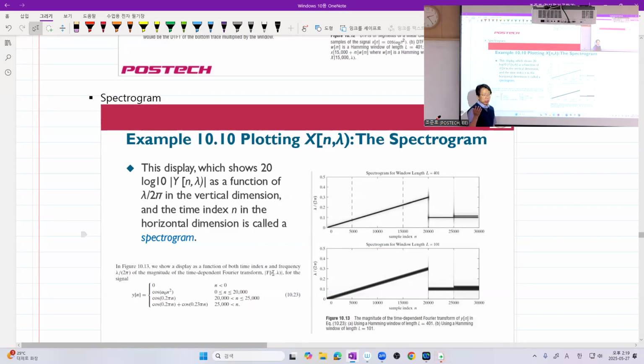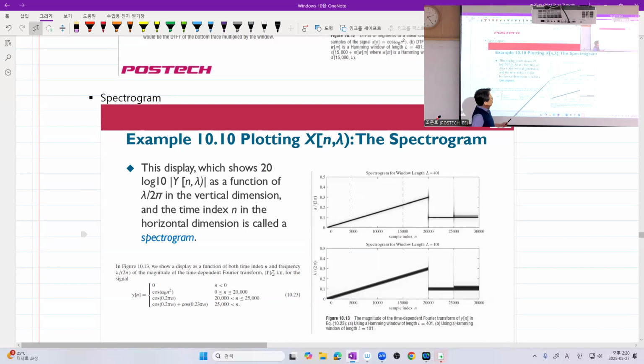But one good thing for this time-dependent Fourier transform is that even if we ignore the phase information, our magnitude scale after log base 10 is taken basically gives us the instantaneous frequency.